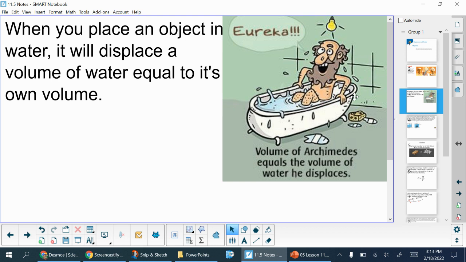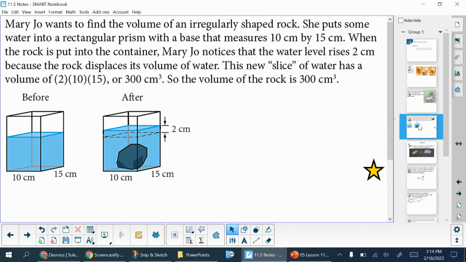So he submerged it in the bath, saw how much the water level rose, and was able to calculate the volume of the crown, weigh it, calculate its density, and determine whether or not it was pure gold. And when he had that eureka moment, he got out of the bathtub and ran down the street naked, which is great, I guess.